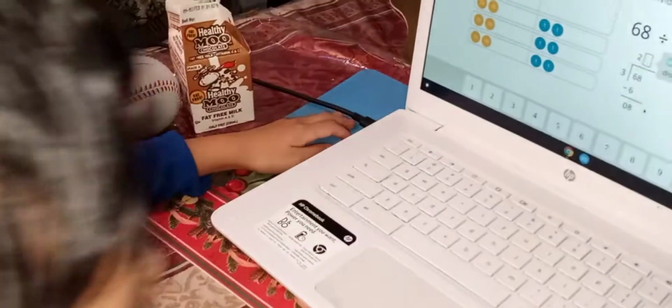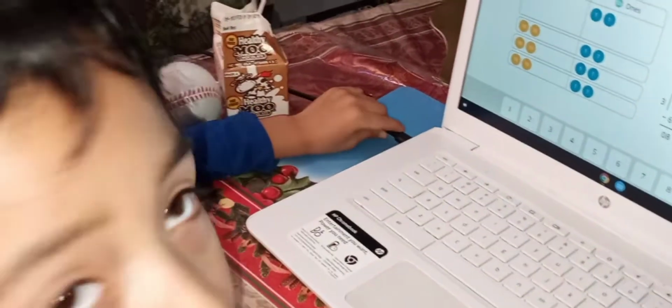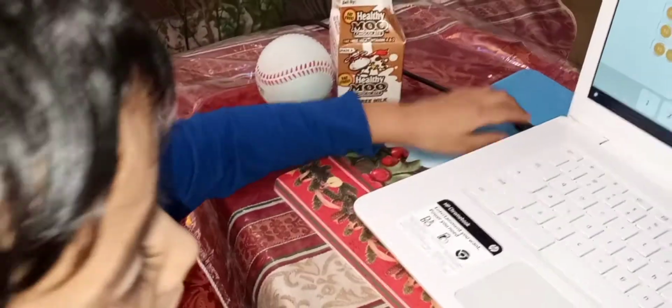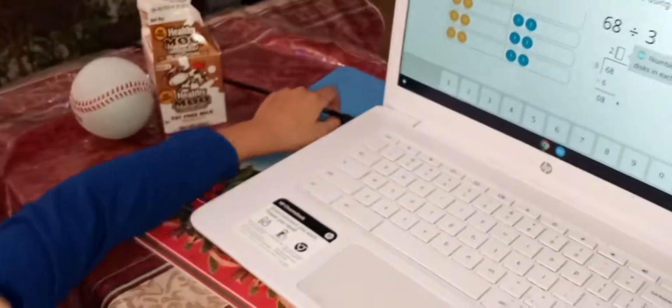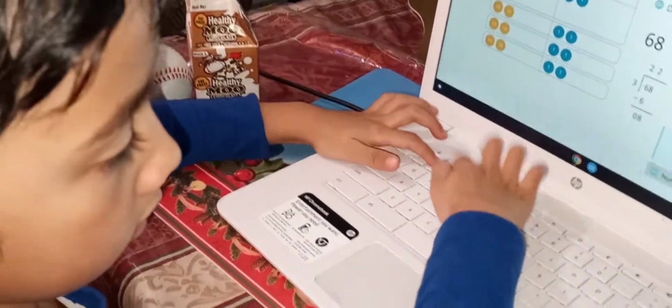Alright, 8 divided by 3. How many 3s can you get from 8? So you have 2. So, 2 times 3 or 3 times 2.